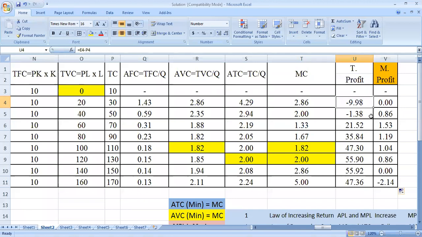So again, you will not stop producing since the marginal profit is positive, and afterwards it is increasing, and from the third unit of labor you could see that the level of total profit has increased to 21.52, and it is increasing further. The moment when marginal profit has become 0, the total profit has become 55.92. So remember my words: when marginal profit becomes 0, the total profit will always become maximum over there.